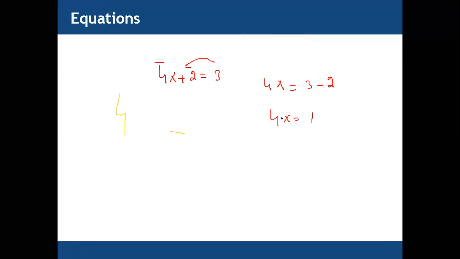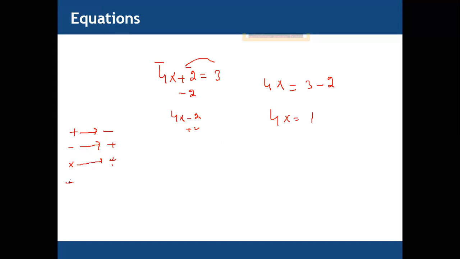And next we have 4x, 4 multiplied by x. If we have a plus symbol, we can eliminate it with minus. If we have minus, like 4x minus 2, we can cancel it with plus by adding 2 on both sides. When we have multiplication, we can cancel it with division.